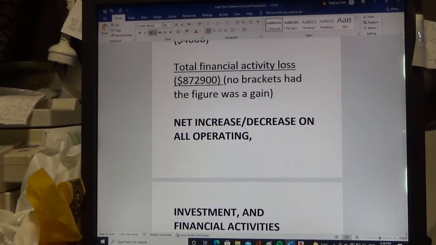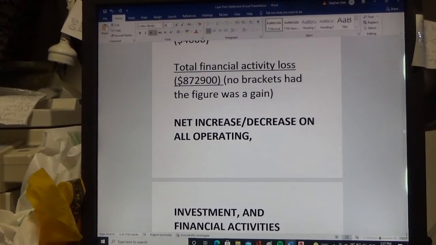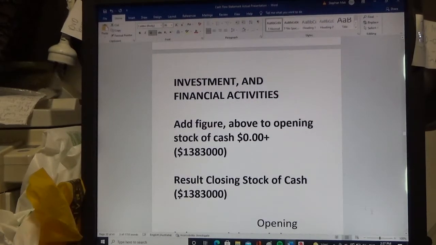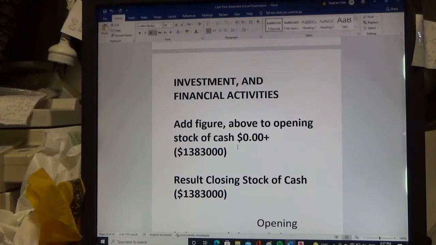So now what you do is you add up the total operating subtotal of cash flow movements, the total investment cash flow movement subtotal, and the total figure for financial cash flow movements, to get the total net increase or decrease in cash. So you add that figure to opening stock of cash right at the top of the statement, and in this particular cash flow statement it was a huge negative figure.